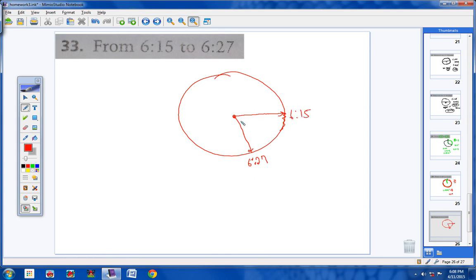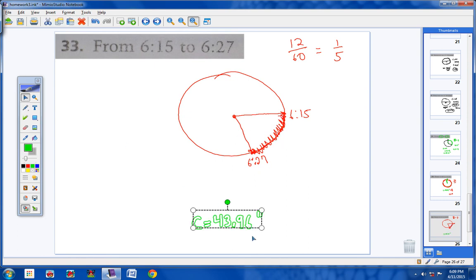Okay, so the minute hand traveled from here down to here, which was how many minutes? Well, from 15 to 27 is 12 minutes. 12 out of how many? How many total minutes do you have in 1 hour? 60. So 12 out of 60 equals 1/5. So this arc right here, this arc length we're trying to find, is 1/5 of the entire circumference.